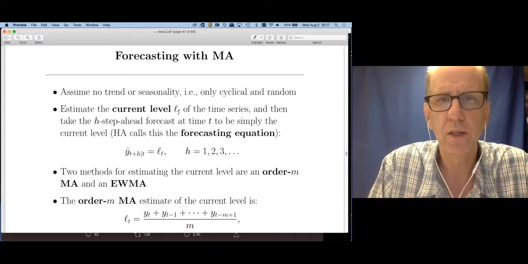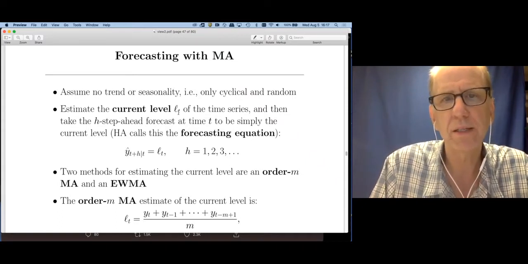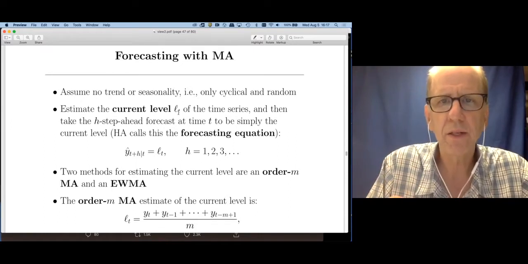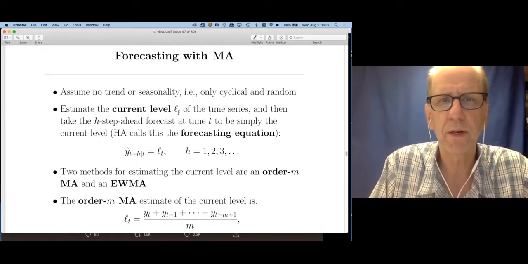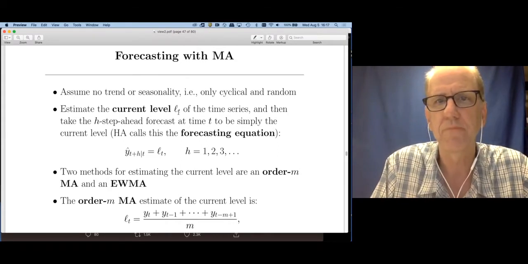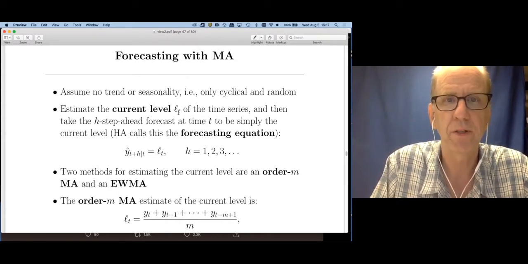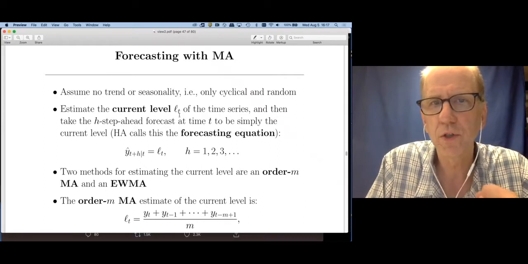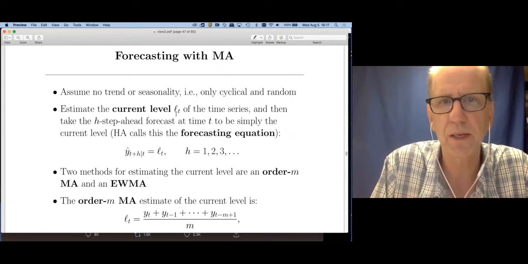So we're going to call it a level. And the whole idea of this level is that in L sub t, we've kind of baked in all we know about this time series as of now. All right, so think of this as, what do we know about this time series? Where do we think the time series should be at time t? And that's what this current level is.